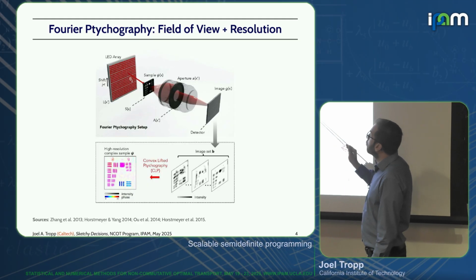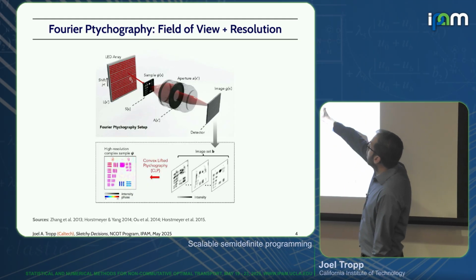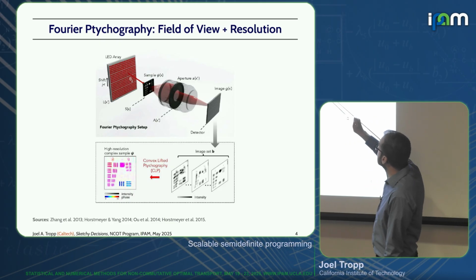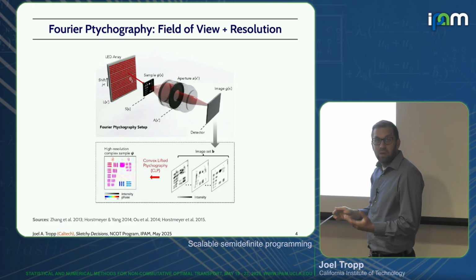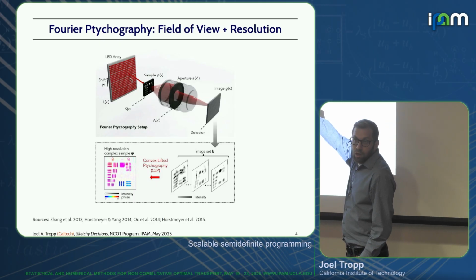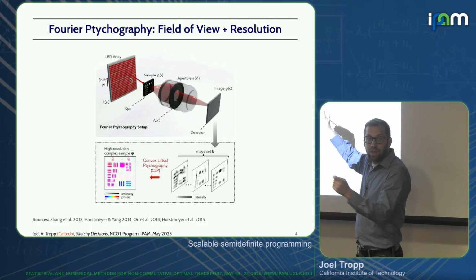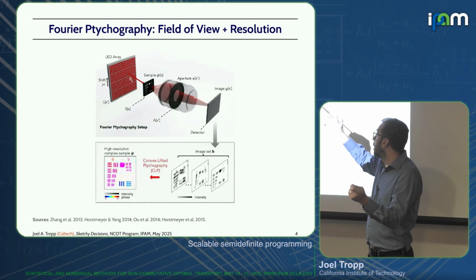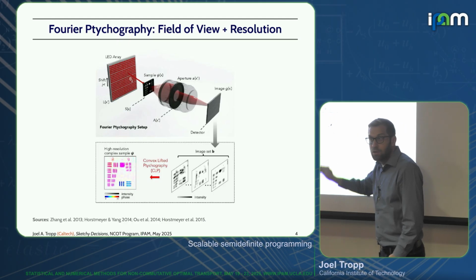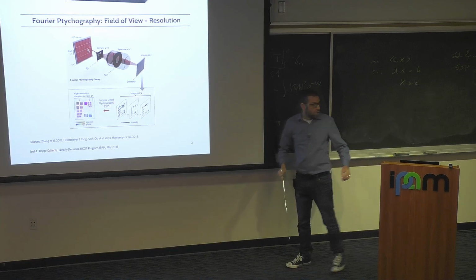Now, one thing I'd like to note briefly is that this setup is essentially linear. If you use approximations from Fourier optics, the aperture is basically computing a low-pass filter. And when you illuminate the sample from different directions, you're basically shifting the frequency domain representation of the image around. Both of those operations are linear.